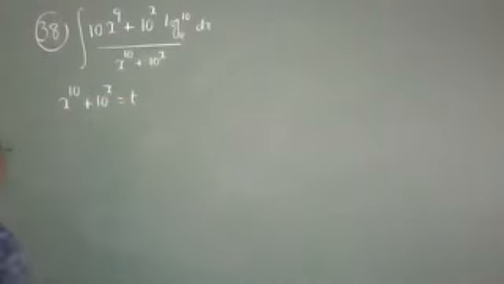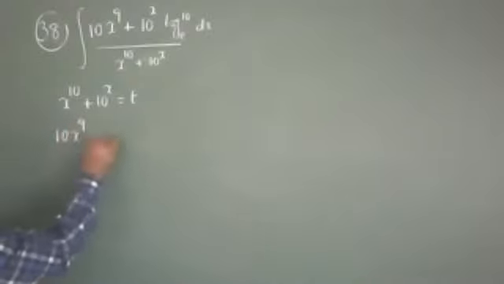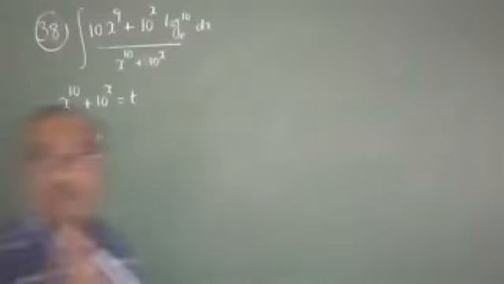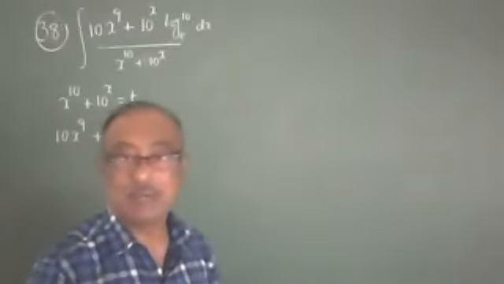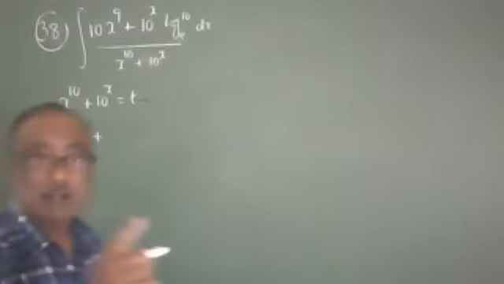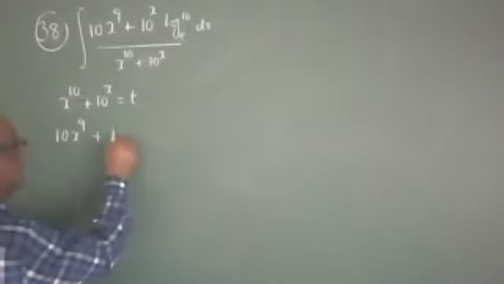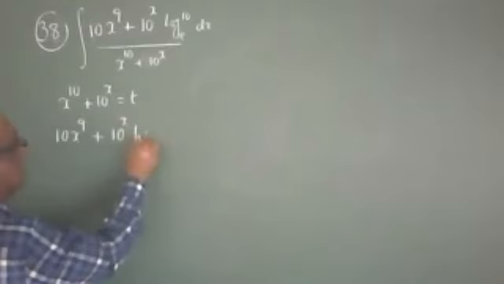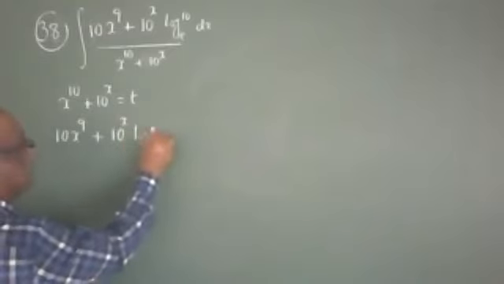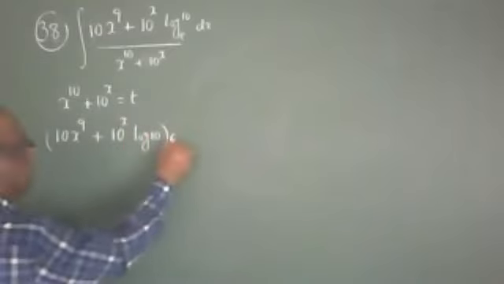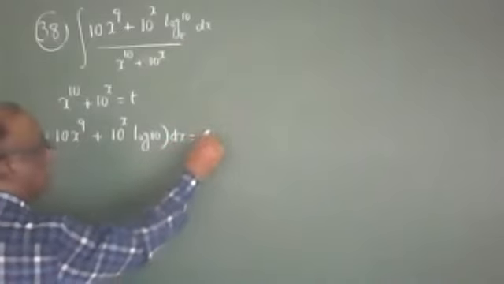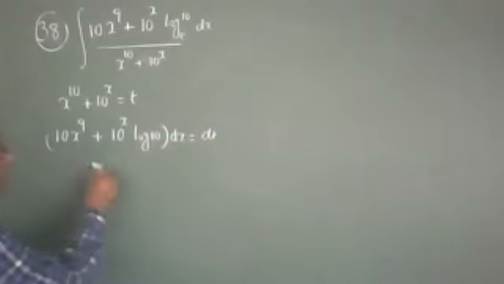Okay? X power of 10 derivative is 10 into x power of 9. 10 power of x is in the form of a power of x, derivative formula: a power of x into log a, where a is 10. Itself derivative is dx. T derivative 1, itself derivative is dt.